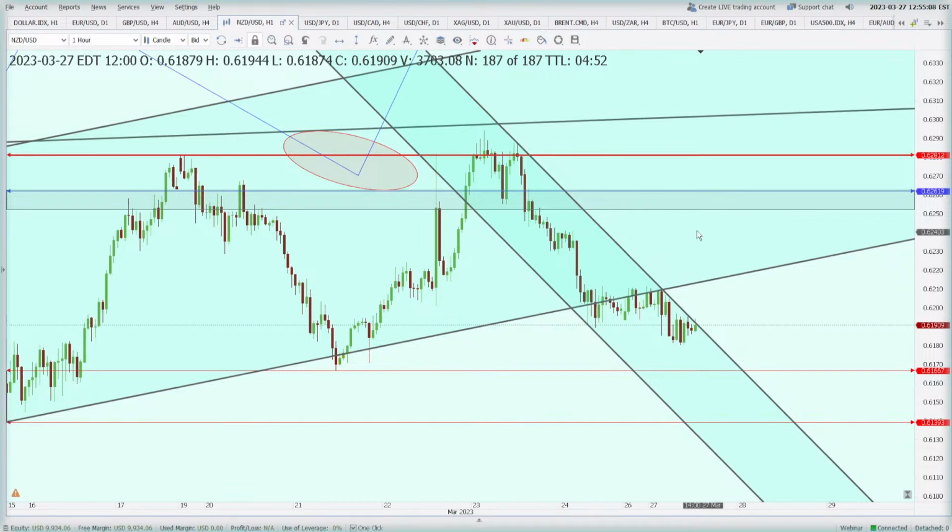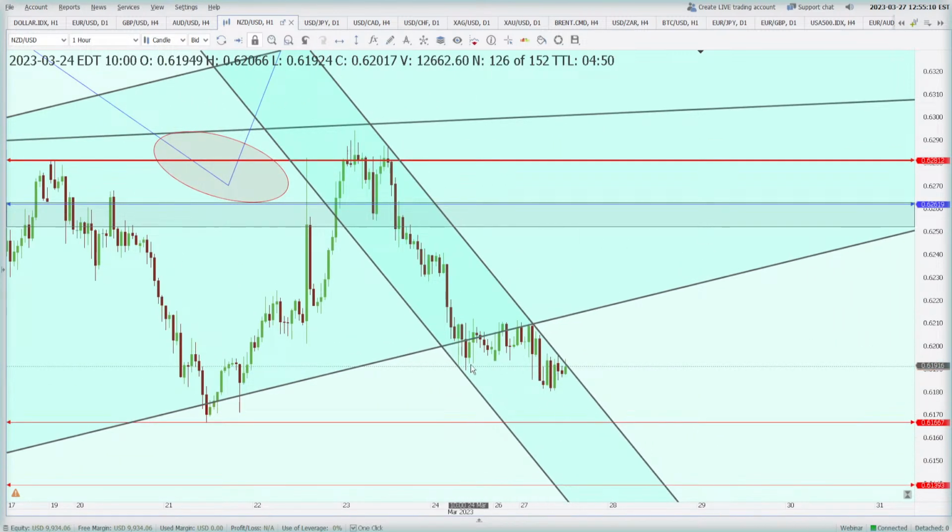So you are getting more and more opportunities close to 0.6166 if you want to be buyers in this market, which is in line with the daily chart. Then you can buy it very close to 0.6166 if it gives you another opportunity.